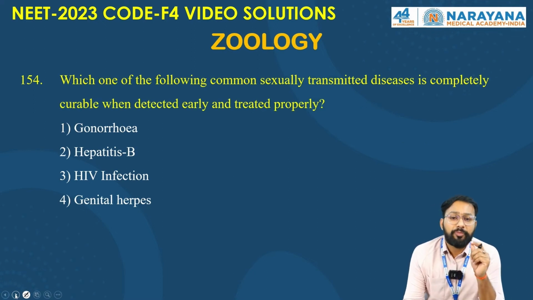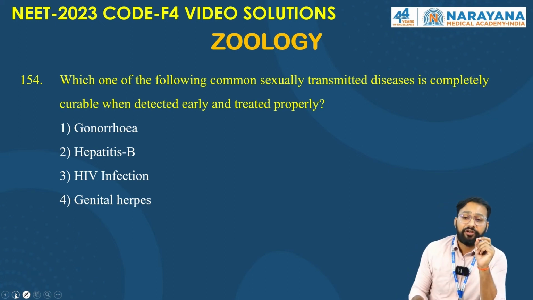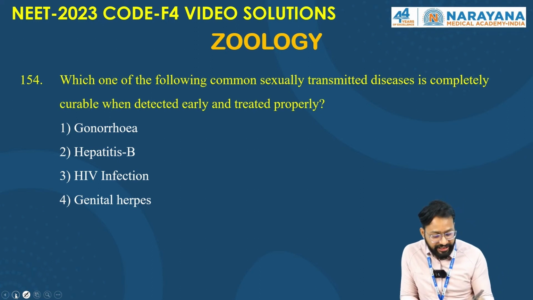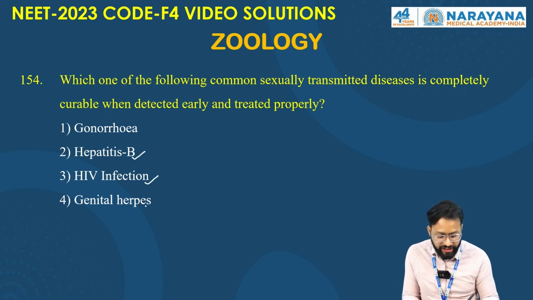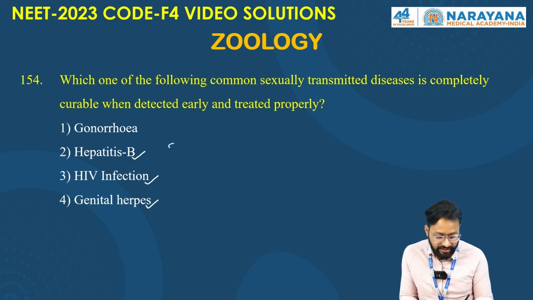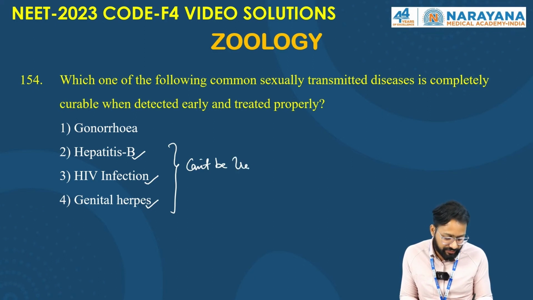Which of the following common STDs is completely curable when detected at an early stage? And over here you must remember, except 3 diseases, that is hepatitis, HIV infection and genital herpes, these can't be treated and cured.